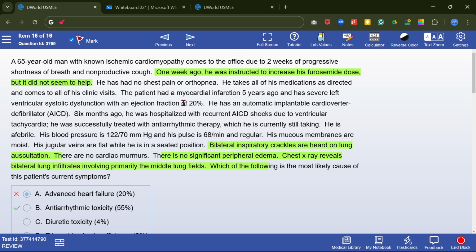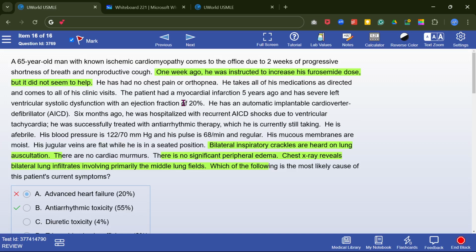You are giving furosemide and heart failure is not improving, so think about something else. He has had no chest pain and takes all medication as directed. There are bilateral inspiratory crackles on auscultation, no cardiac murmur, and no significant peripheral edema.